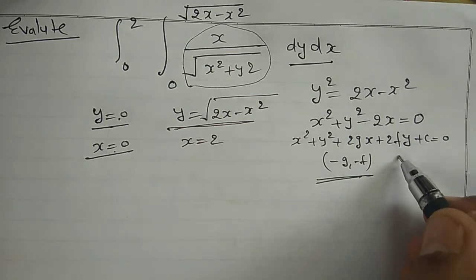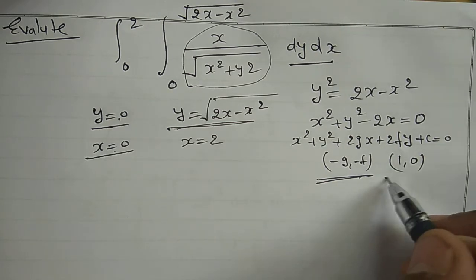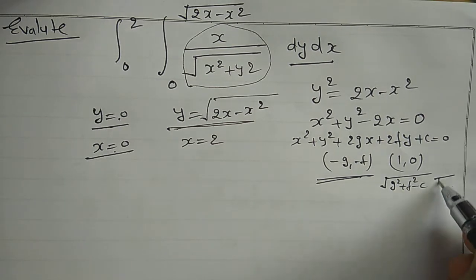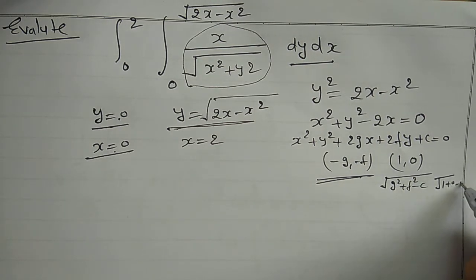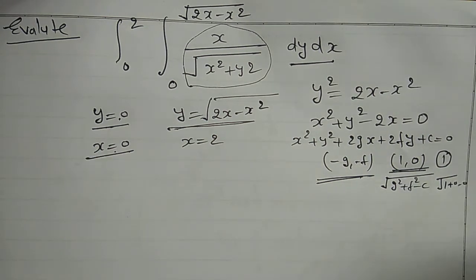So here we have 1 comma 0, and the radius is under root g square plus f square minus c, so under root 1 plus 0 minus 0, which is 1. So 1 is the radius and the center is 1 comma 0.